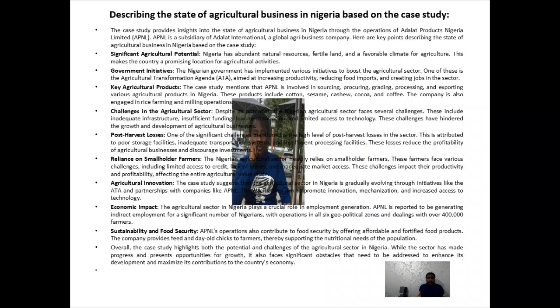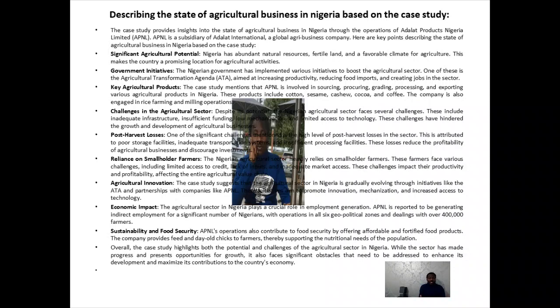In Nigeria, you can discuss reliance on smallholder farmers. If small farmers have little plots of land, 2 plots of farm here and there, there's a limit to which they can feed the nation, and it's going to affect how Adalat can harvest or can increase and expand.